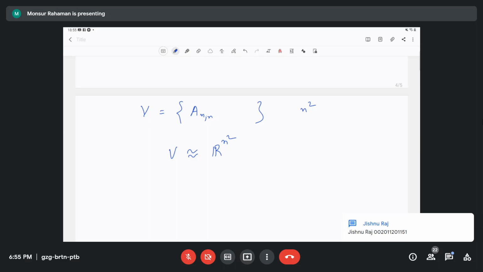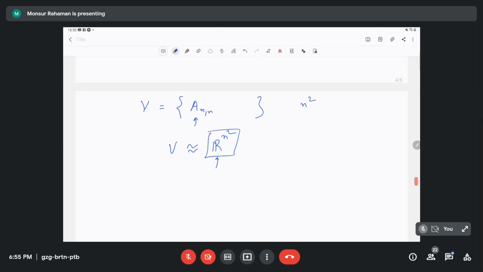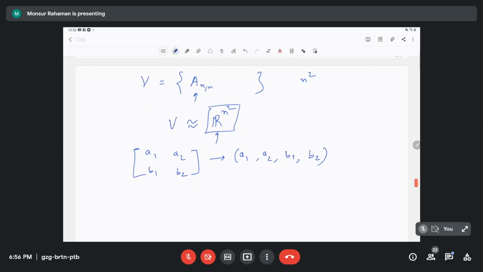You can find the determinant of a matrix, but you cannot find the determinant of this vector. Suppose a1, a2, b1, b2 is a matrix, but as a vector space you can think of it as a vector, as I told you in the previous class.